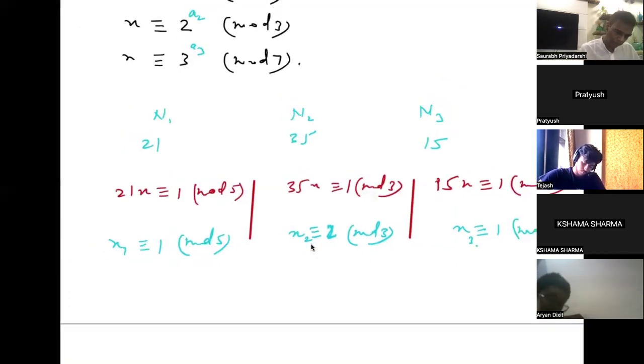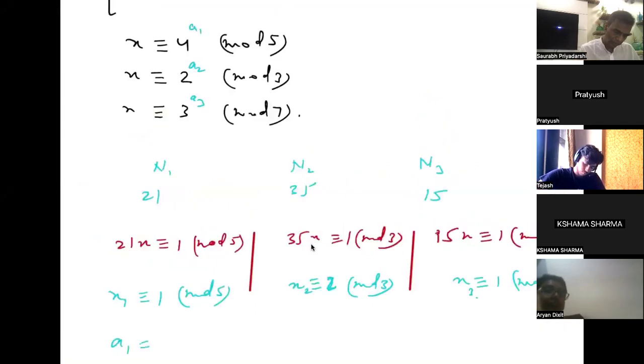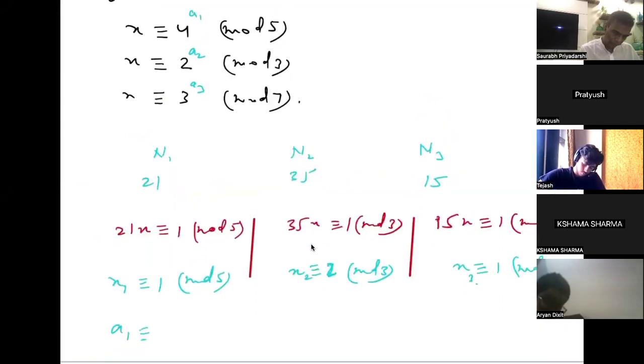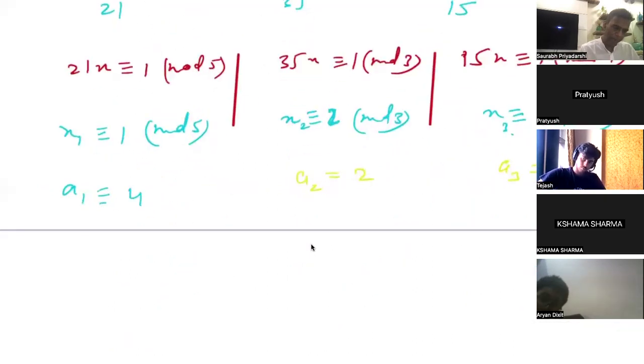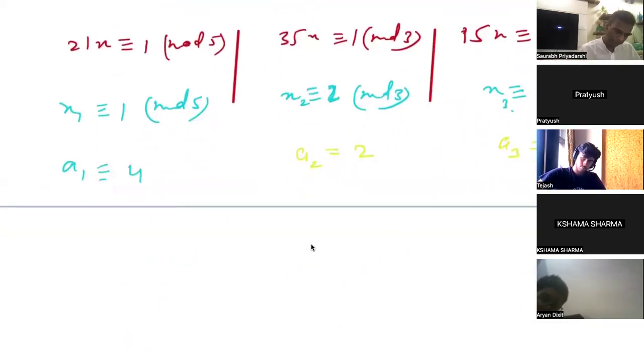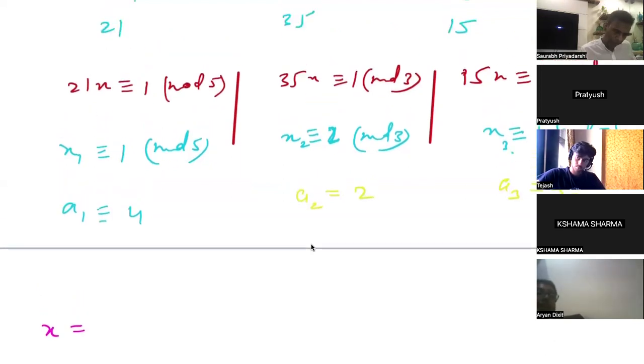And A1, A2, A3: A1 was 4, A2 is 2 and A3 is 3. So this x is A1, x1, n1, right?